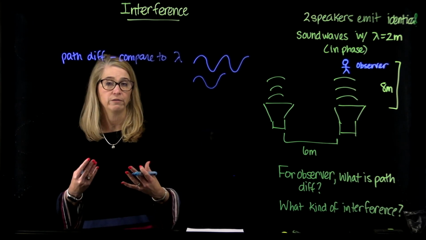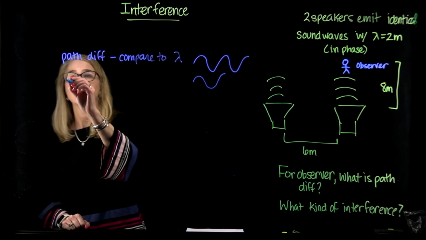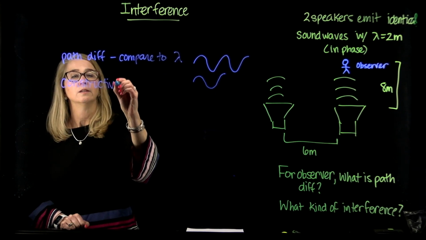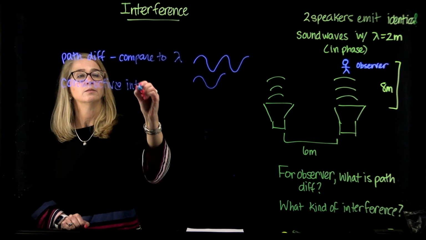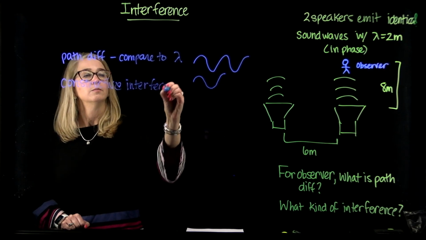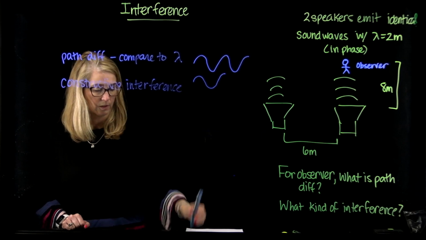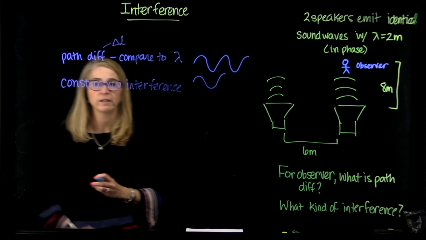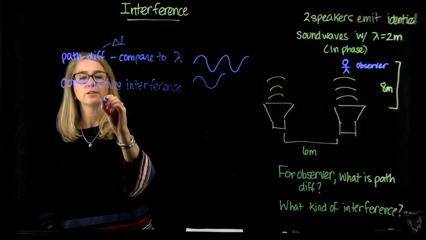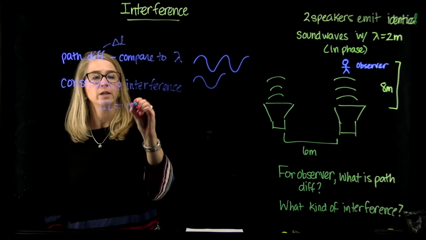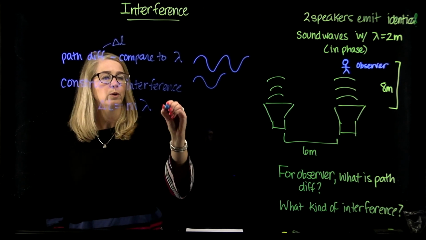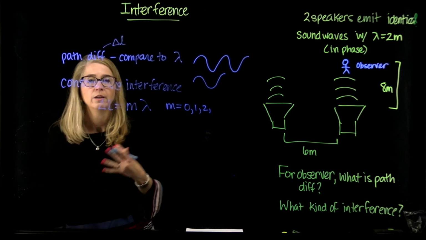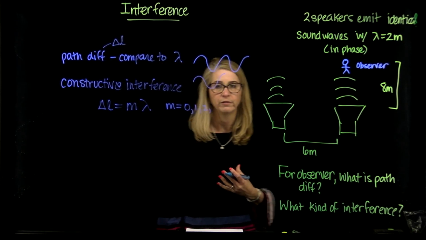And for constructive interference, if we're going to call this difference in the path length delta L, if delta L is equal to some integer of the wavelength, where m is equal to 0, 1, 2, etc., that's when we would have constructive interference.